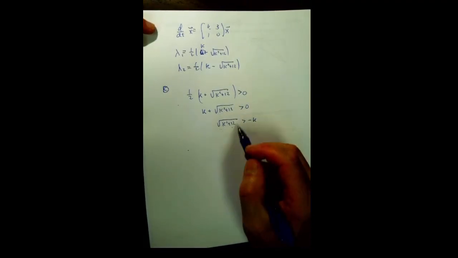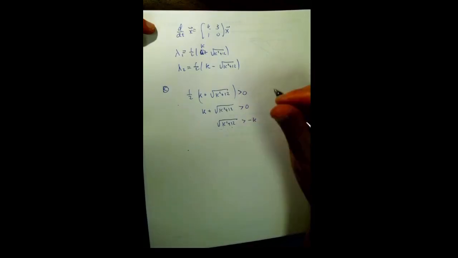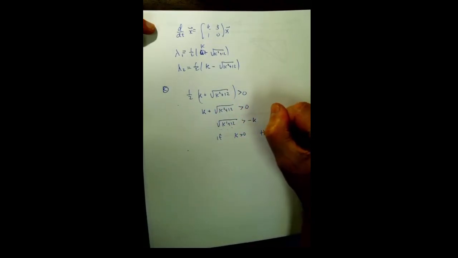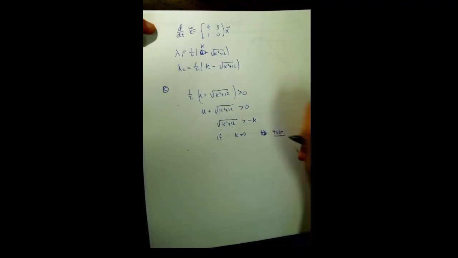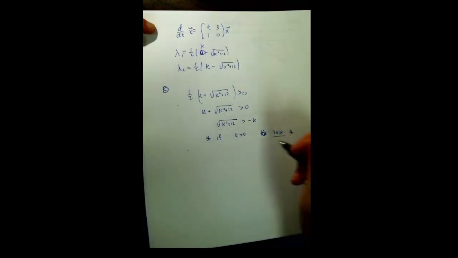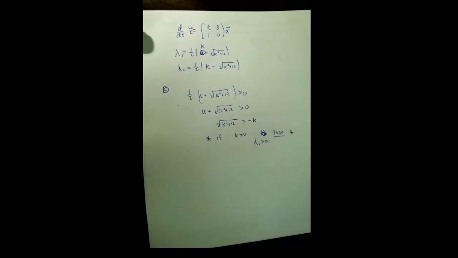Now, the thing on the left has to be positive. So if k is greater than 0, that's true. So if k is greater than 0, that means lambda 1 is positive.